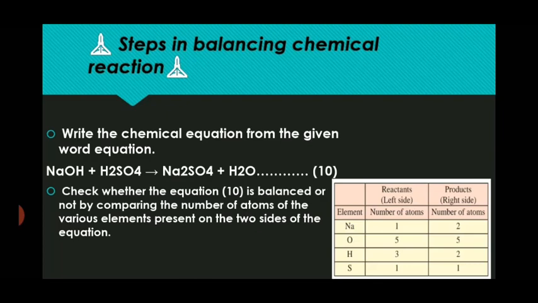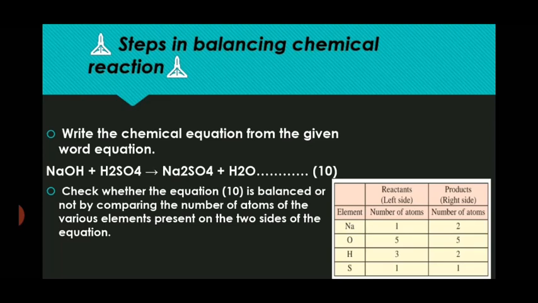Now we are going to look at the steps in balancing chemical reactions. This one is very important. It is asked in your exam. Which steps do we have to keep in mind for balancing a chemical equation? A chemical equation is balanced step by step, and the method we follow is the trial and error method.